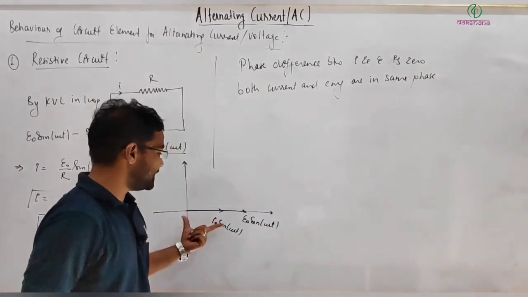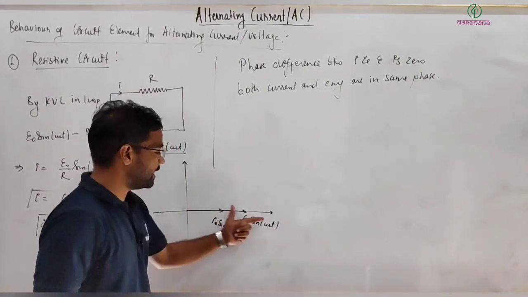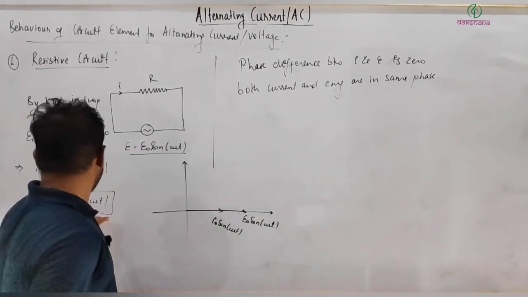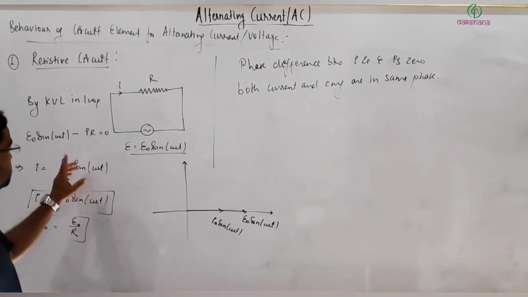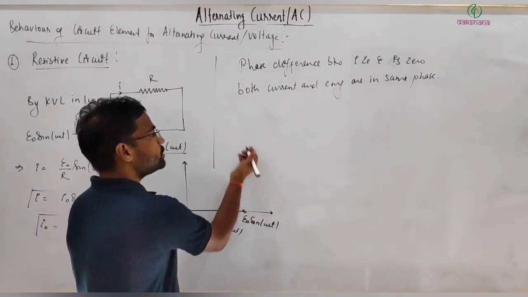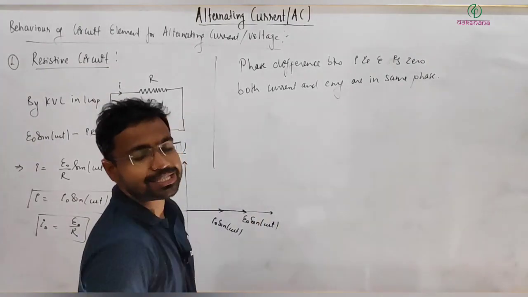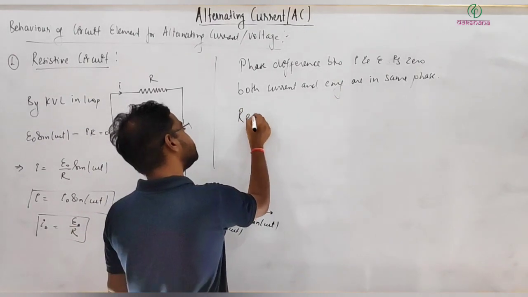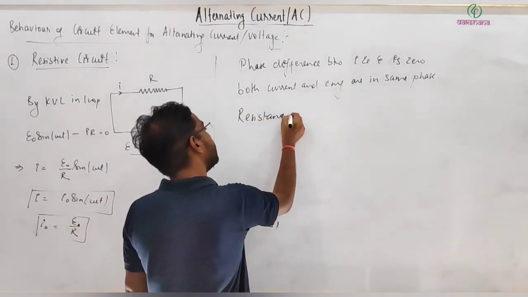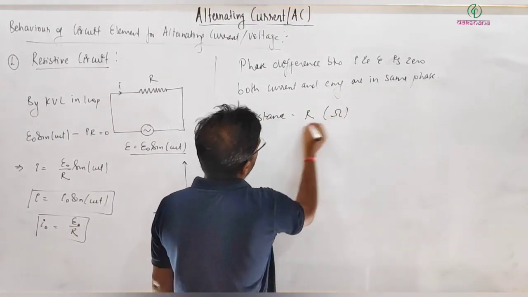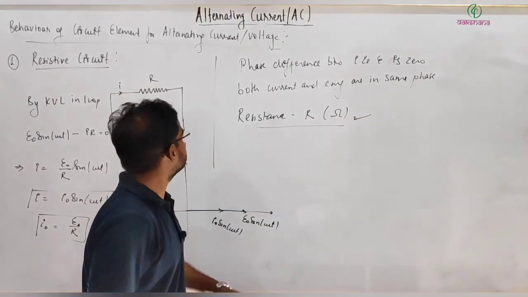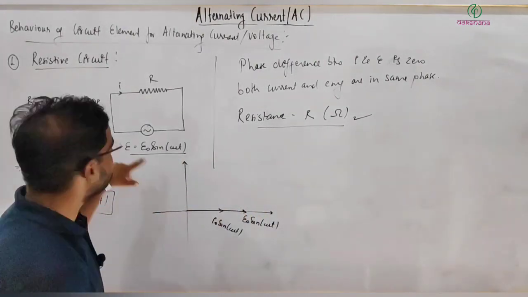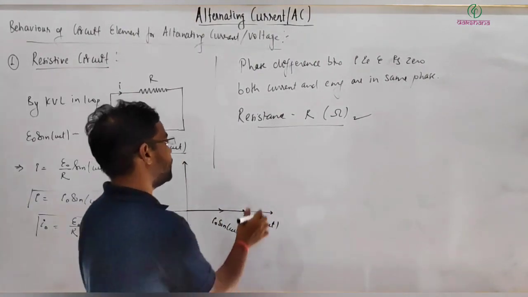That's why in the phasor diagram, because there is no phase difference, I will draw both phasors on the same axis, the x-axis. This is the peak voltage, this is the peak current, and the resistance offered to AC is just the same as it is for DC. So resistance will simply be R measured in ohm, no difference. The calculation for power and so on I will do later. So this is how a resistive circuit element behaves for AC.